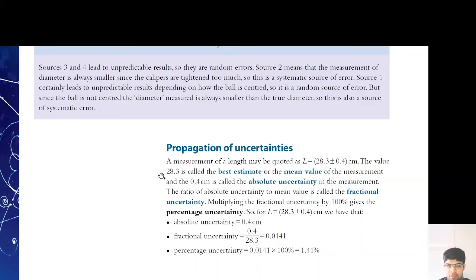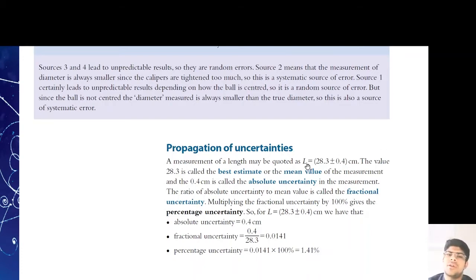Now the ratio of the absolute uncertainty to the mean value is called the fractional uncertainty.